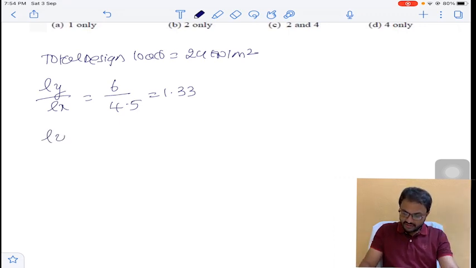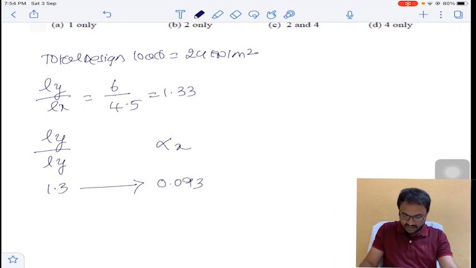So now from the table Ly by Lx and alpha x coefficient, Ly by Lx is 1.3, the alpha x value is 0.093. This value you can get from IS456 in the table. And for 1.4 we got 0.099. We need to calculate 1.33.